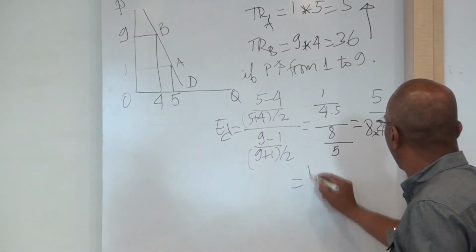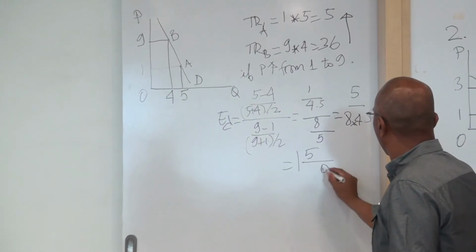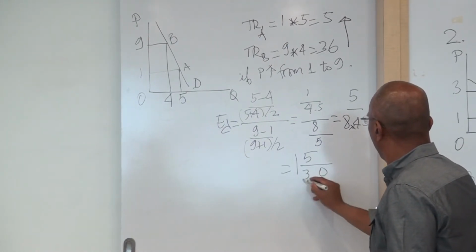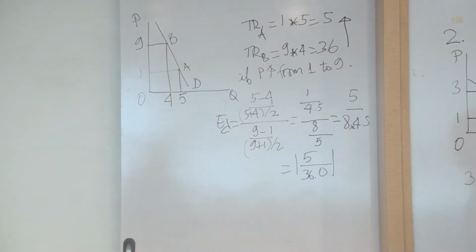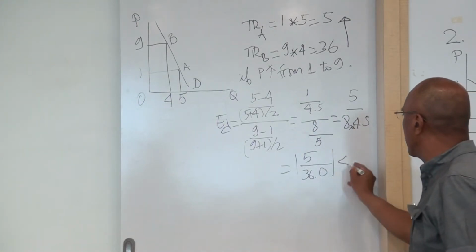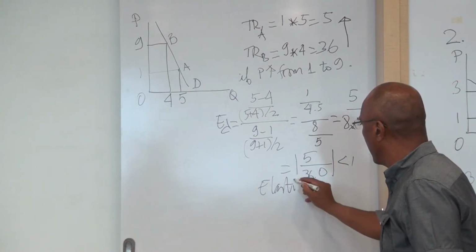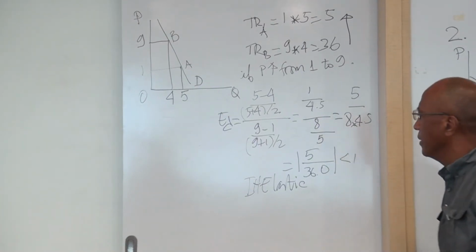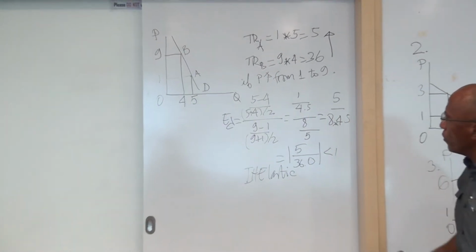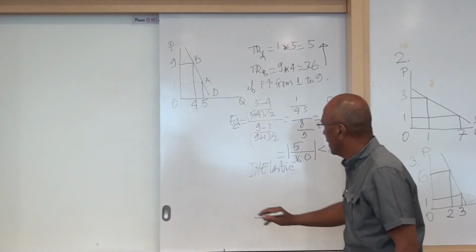The absolute value of that is 5 divided by 36. And this number, 5 over 36, is less than 1. And that says that this is definitely inelastic demand.